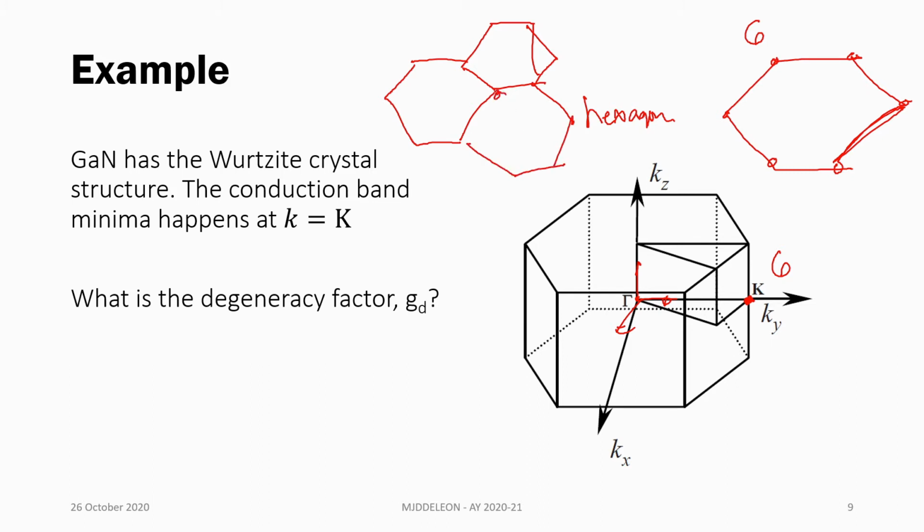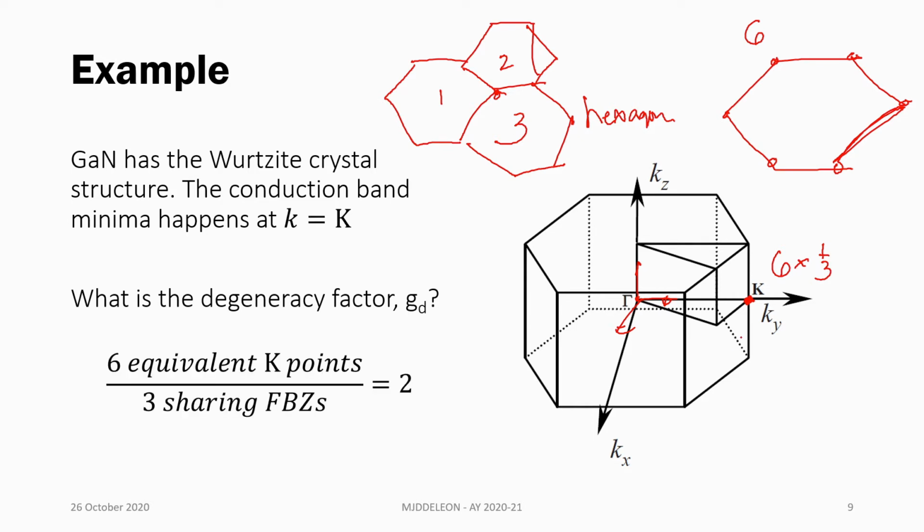So, kung ito si K, kita natin there's 1, 2, 3 first Brillouin zones that share that corner or that point K. So, each of these points will have then a contribution of 1/3. Or, we'll see that the degeneracy factor will be equal to 2. 6 equivalent K points, the first Brillouin zone, shared by 3 first Brillouin zones. 6 divided by 3, you get 2. So, hopefully, alam nyo paano nyo siya kunin.